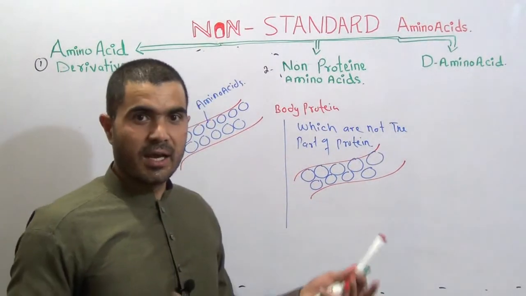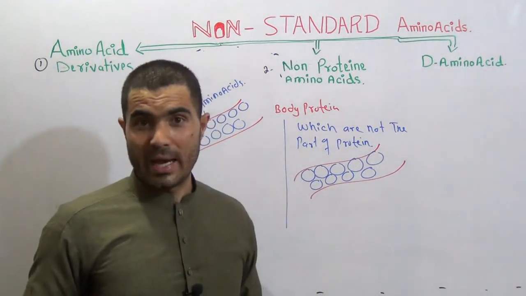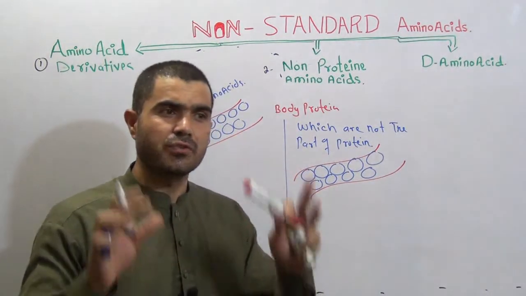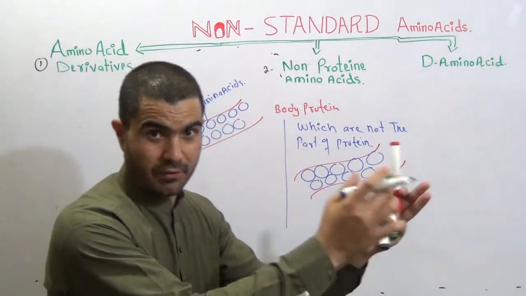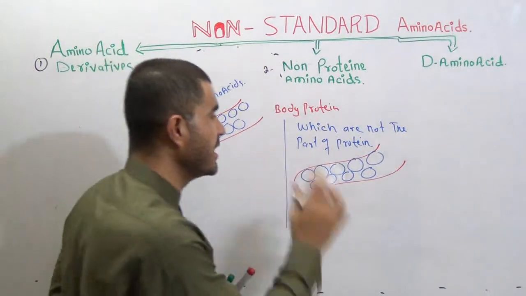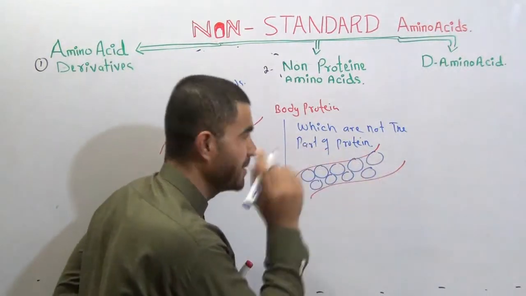We have already discussed a lecture on the structure of all 20 amino acids on the whiteboard, so we will represent each amino acid with a small circle.